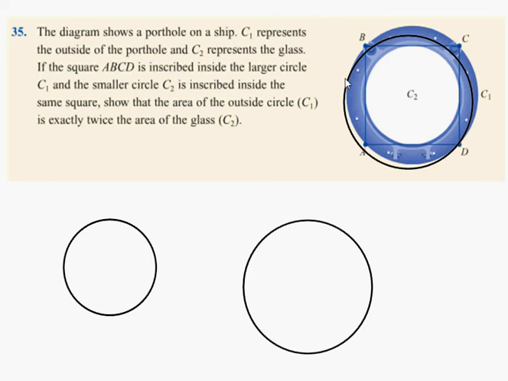Work on small circle. Small circle has a diameter equal to the width of the square. You happy with that? Okay. So what I'm going to do is this one here. I'm just going to call the whole thing D, and therefore the area is pi r squared over 4.